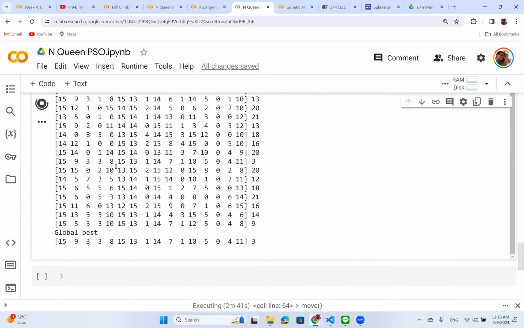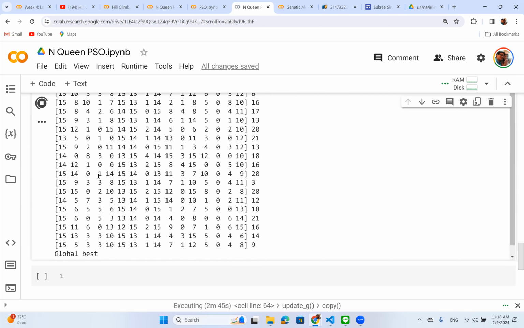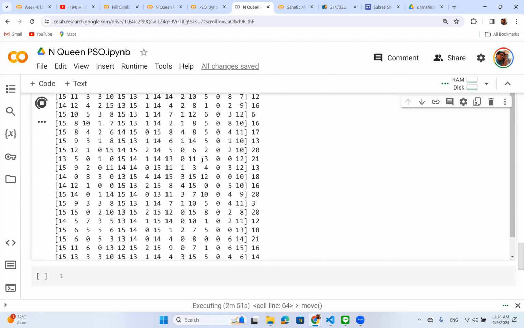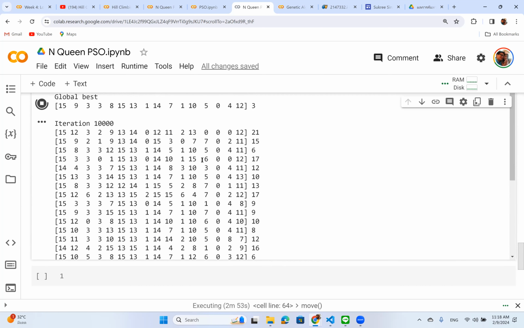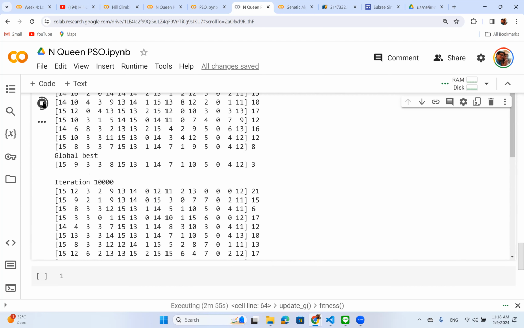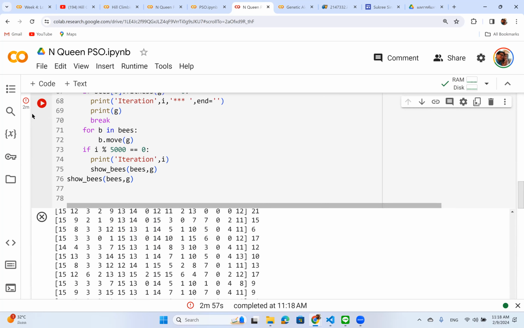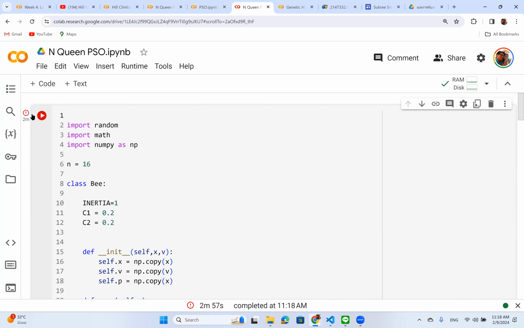At 10,000, the one that we found is still the best with 3 pairs. Okay, so I'd like to stop this one and you can try by yourself later. Sometimes you can find the best one, sometimes you cannot.